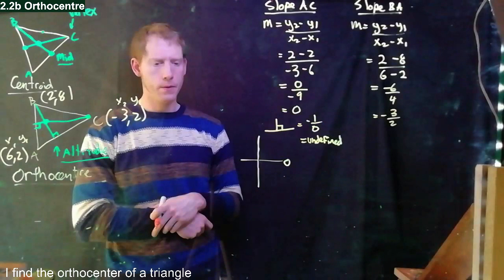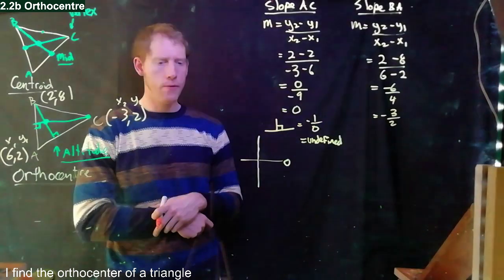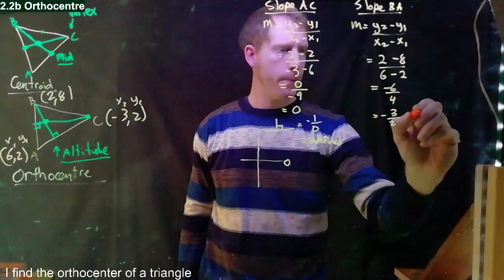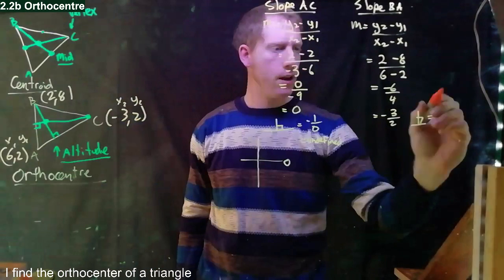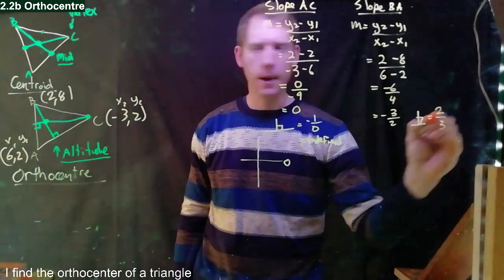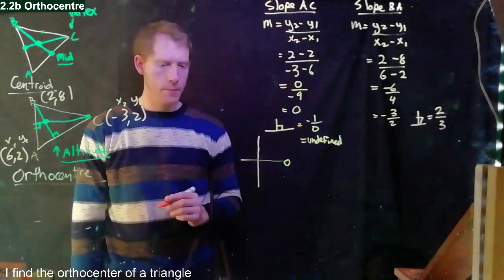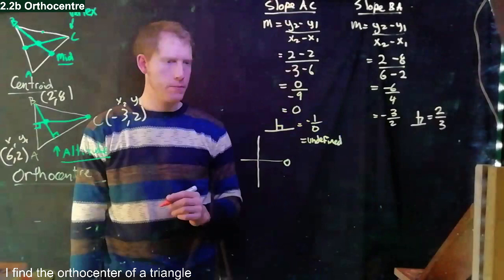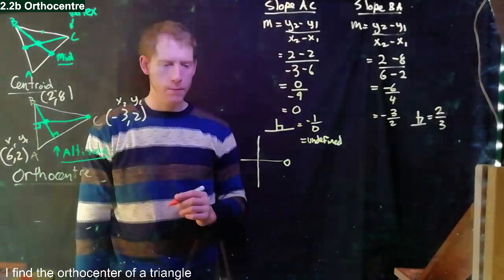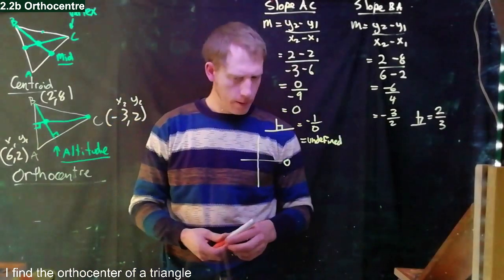Slope reciprocal be 2. You can go. Okay.